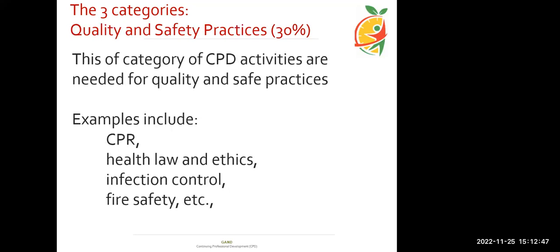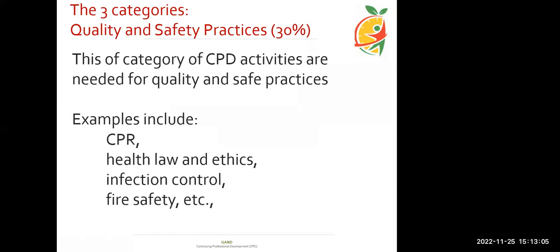Then the second category is the quality and safety practices category. This is where you are basically protecting yourself as an individual first.